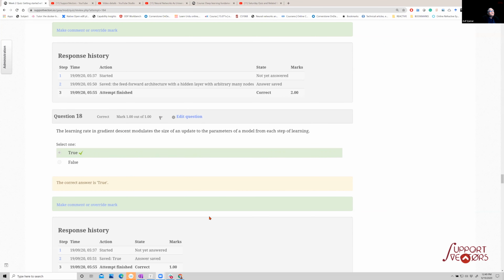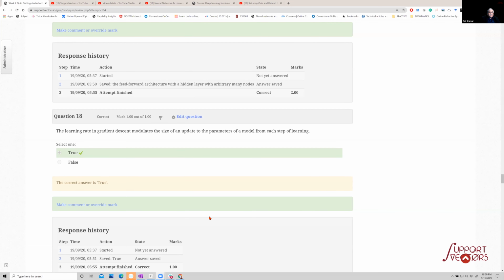So the learning rate in gradient descent modulates the size of an update to the parameters of a model from each step of learning. This is true. That's literally what it is. If your learning rate is too high, your parameters will get updated by huge amounts. So for the same gradient, let's say that there is a weight Wi, and the partial derivative of the loss with respect to Wi is whatever.